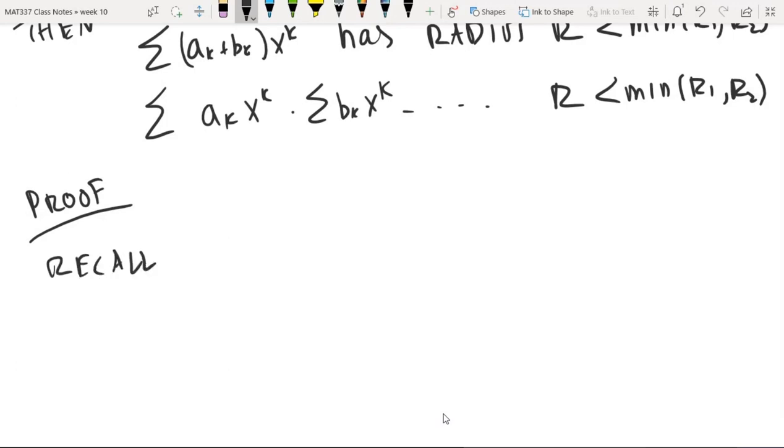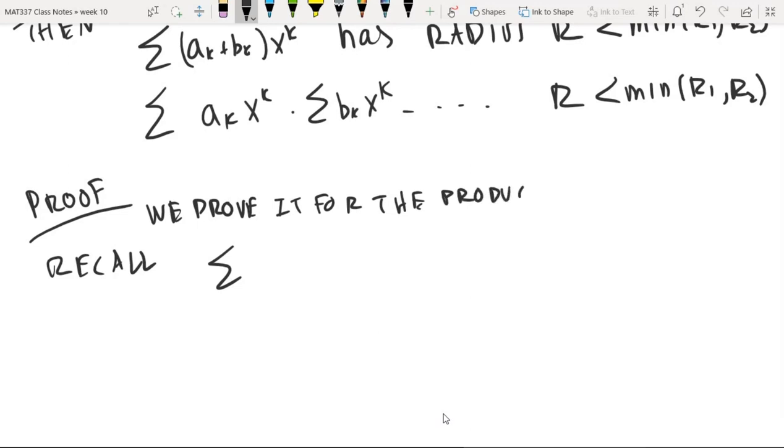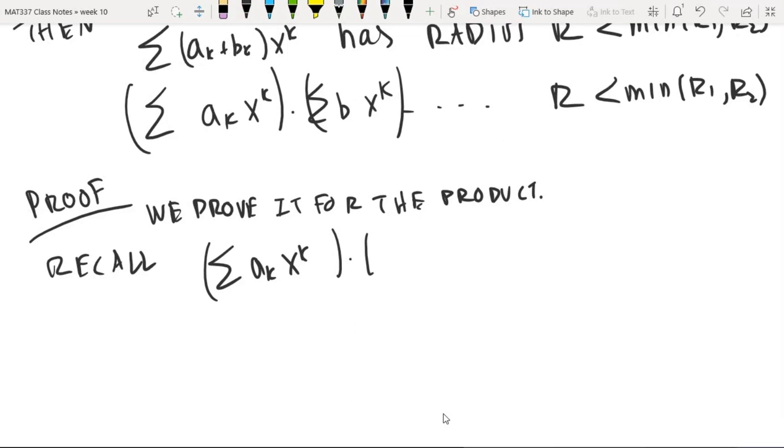If not, let me know, and we can do it after in office hours. Recall, here we prove it for the product. If you have a product of power series, let me change the index to not confuse you.